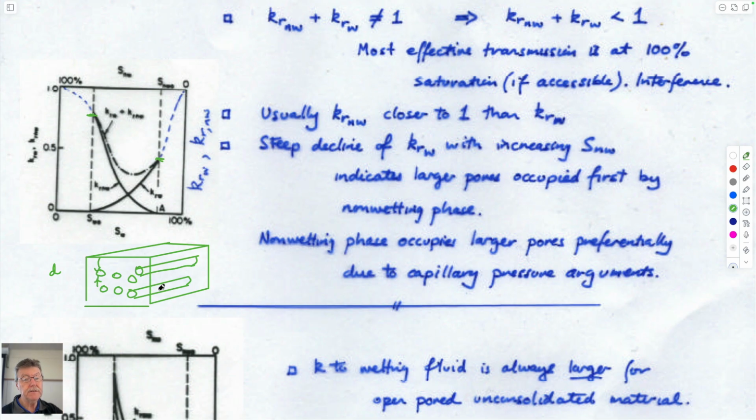And it would also have some kind of porosity, which we already defined as being equal to the volume of voids divided by the total volume. So the total volume, I guess, would be equal to this cross-sectional area here, which is our Darcy area, and this would be some length.